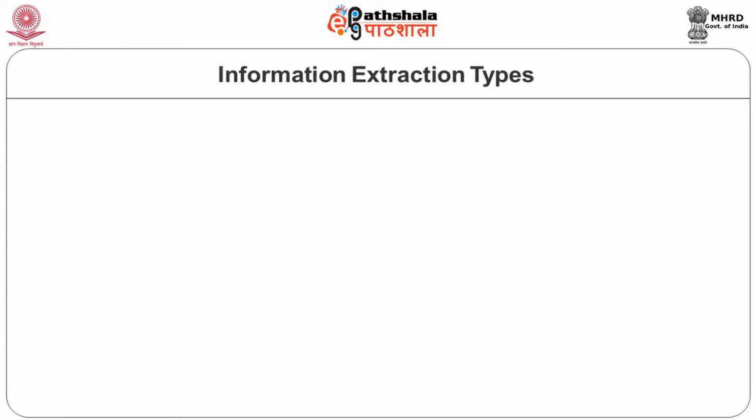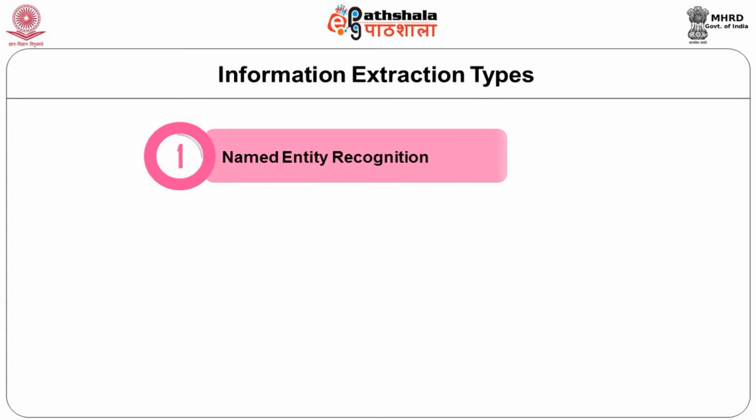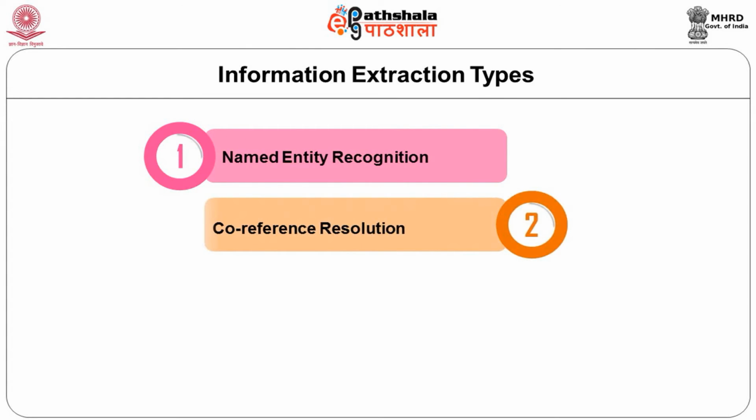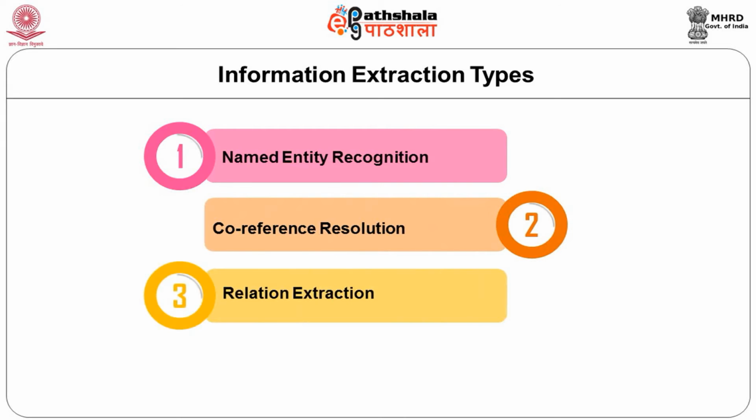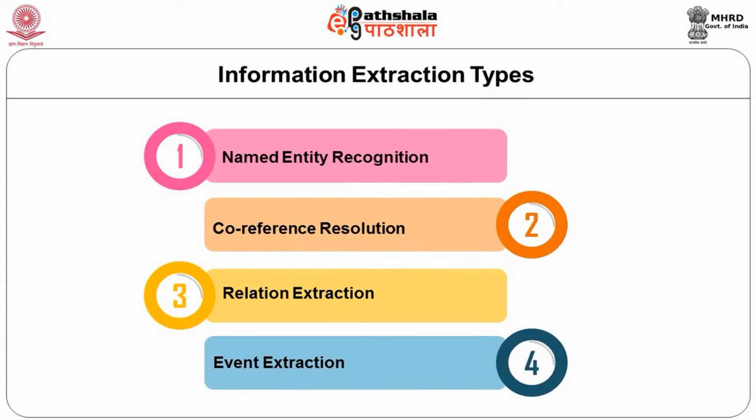So, there are different types of information extraction. It could be named entity recognition, it can be co-reference resolution, it could be extraction of relations, which is called relation extraction, or it could be event extraction. So, as I explained already, what is a named entity? It is the names of persons or places or other entities like dates, time based entities or space based entities, and these of course occur very often in any body of text or content.